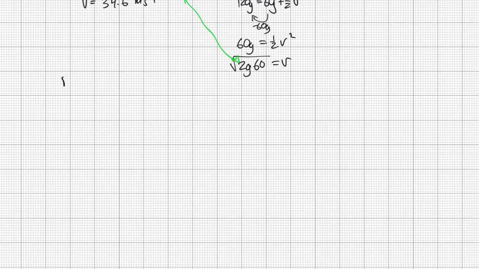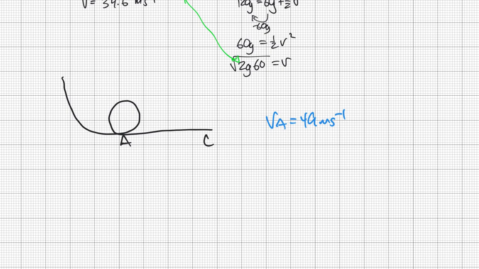So again, here's our picture. From A to C, our velocity at A is going to be back to 49 meters per second. Let's say that's our initial velocity at A. Our final velocity at C is going to be 0.